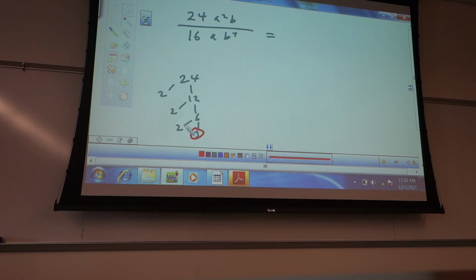So taking the leaves here, we have 2 times 2 times 2 times 3 times a times b. And then 16 is 2 times 2 times 2 times 2, a, and then 4 b's.